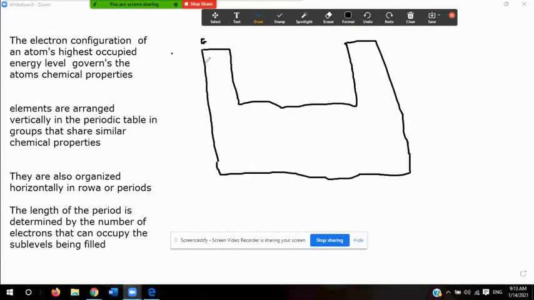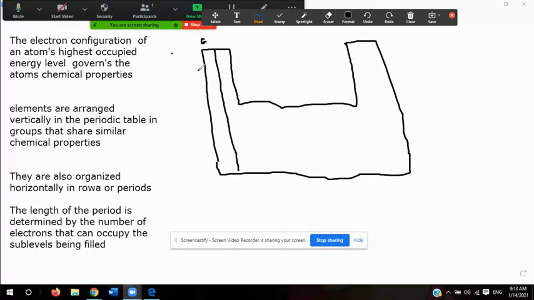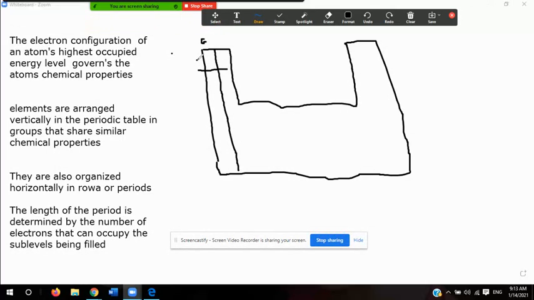Elements that are arranged vertically have similar chemical properties, but they're also arranged horizontally. So I can have an element that is in group one, but can be in period one, in period six, all the way down here, just to give you an idea.